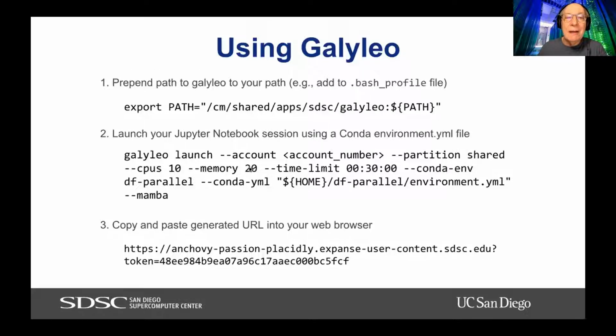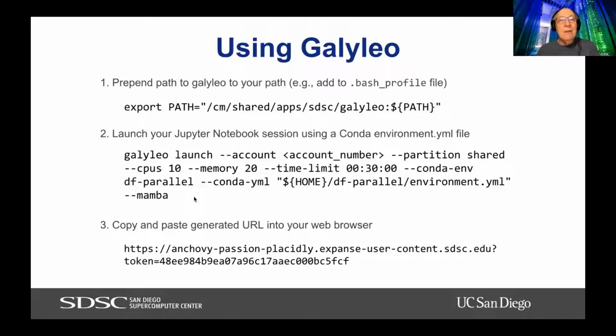So this is in gigabytes. I want to run it for 30 minutes. And the name of that Conda environment, in this case, is called DF Parallel. And this environment.yml file is located at this particular path, my home directory, DF Parallel, and that's where this is. And then we add another option called member, which I'll talk about later.